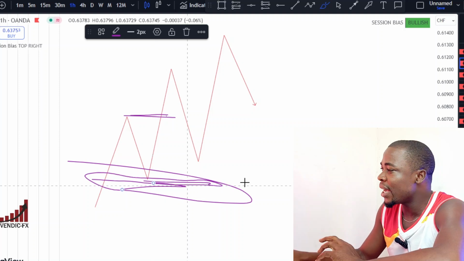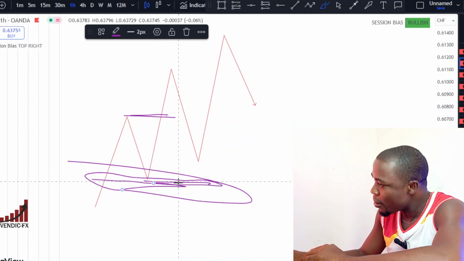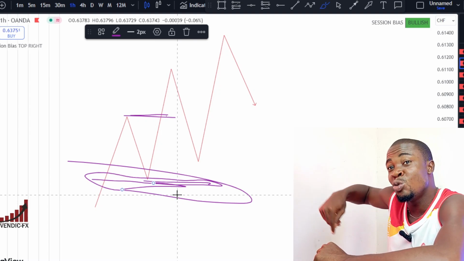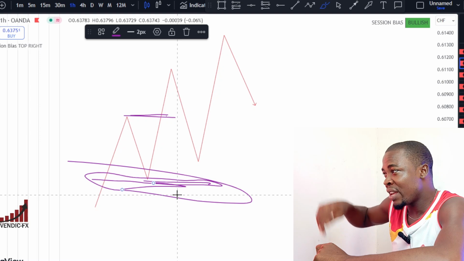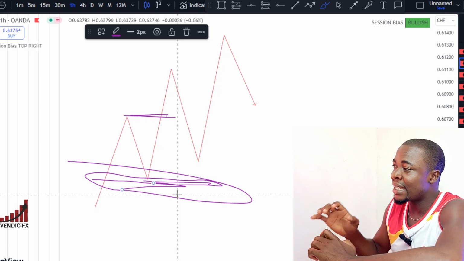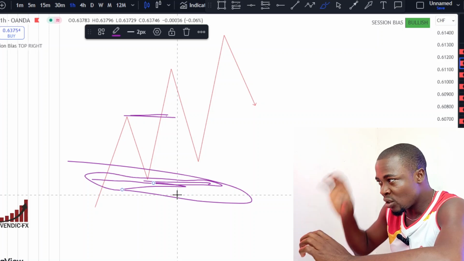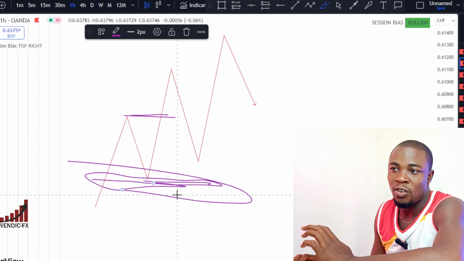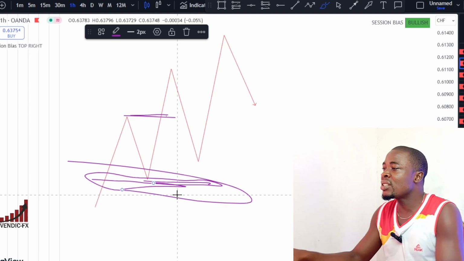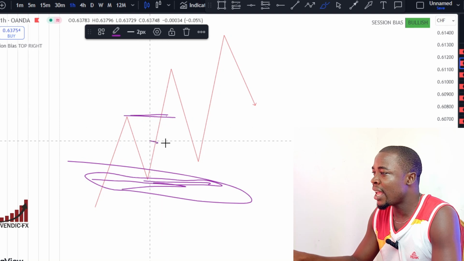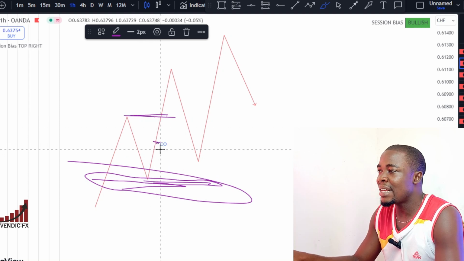If the market gets to that point and breaks it, that's when it can create a new low. If the market creates that new low, it simply means the market is reversing or is going to consolidate at that point. Those are the two things involved. So make sure you don't just get into a trade here and then put a stop loss somewhere here. That's not it.